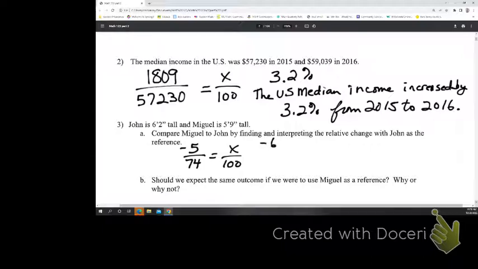Okay, so I could just say -6.8, -6.75. Maybe I even say that it's about 7%, right? So I would say Miguel is 6.8% shorter than John. When I say then John, that's the clue that John is my reference.